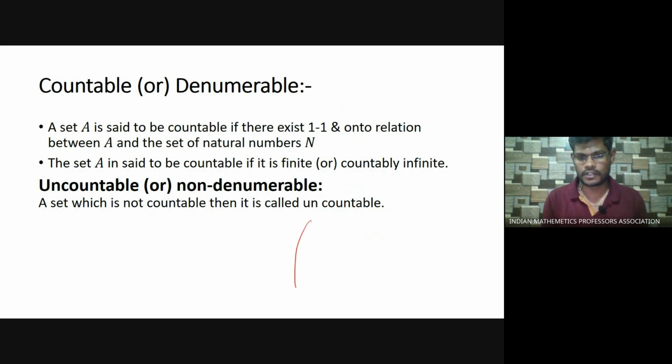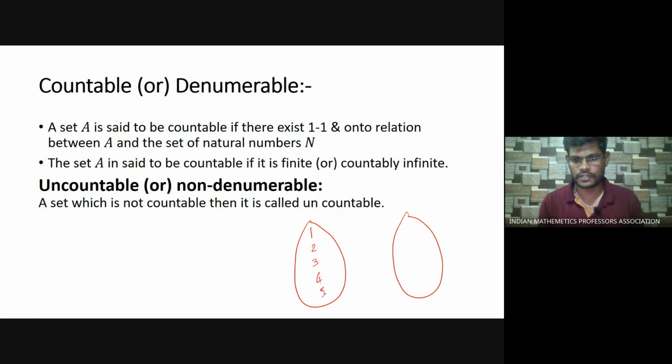Here we have some natural numbers 1, 2, 3, 4, 5, 6 up to. Here I take a set A equal to 1, 2, 3, 4, up to 6. We can write A, B, C.